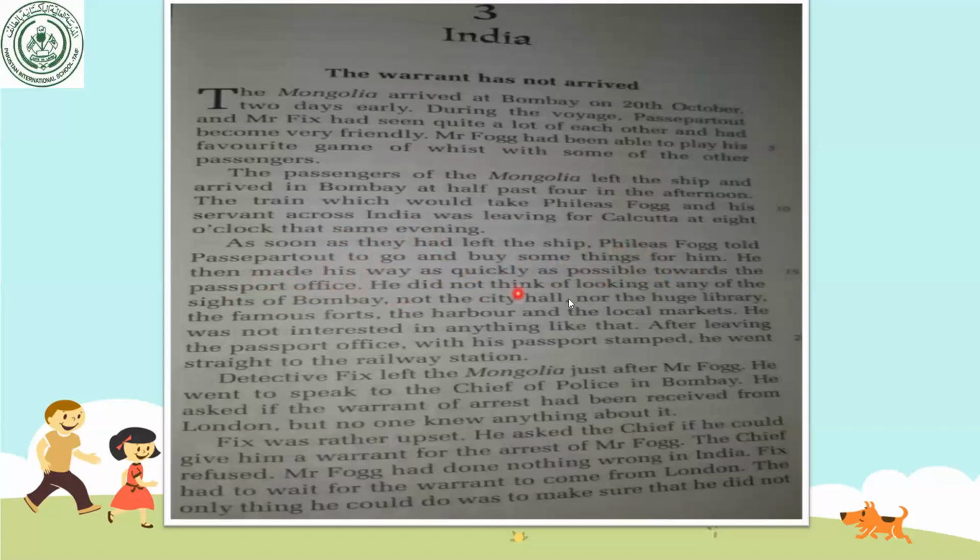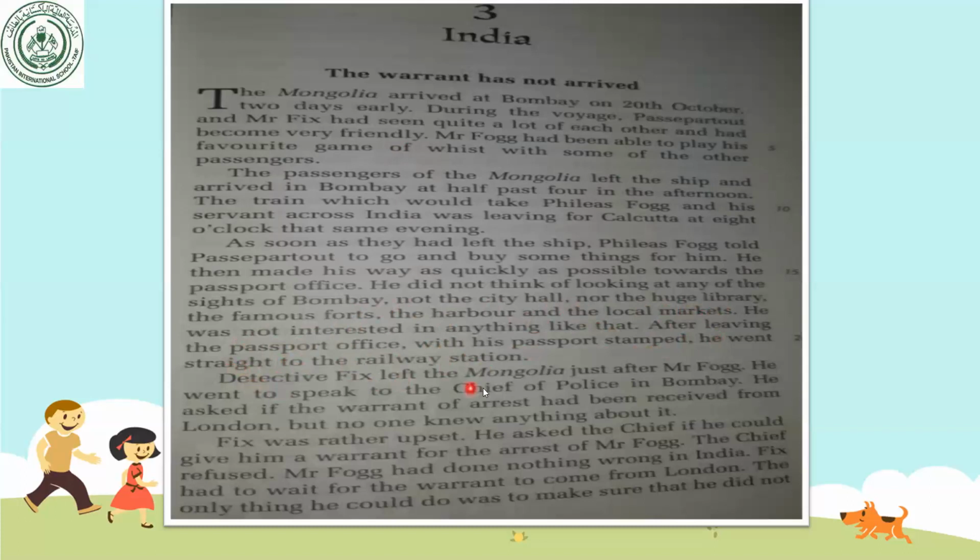He did not think of looking at any of the sights of Bombay, not the city hall, nor the huge library, the famous forts, the harbour, and the local markets. He was not interested in anything like that. After leaving the passport office with his passport stamped, he went straight to the railway station.